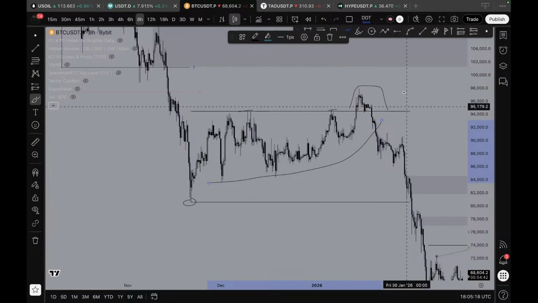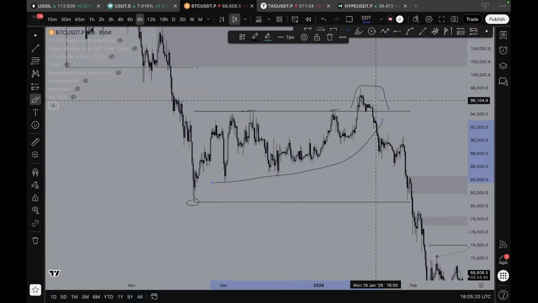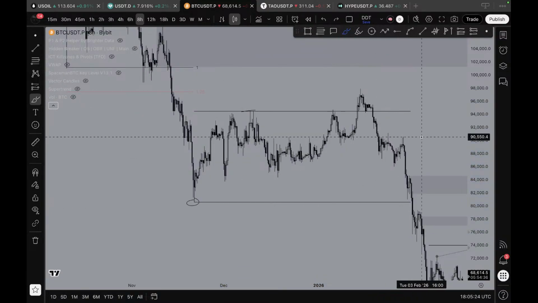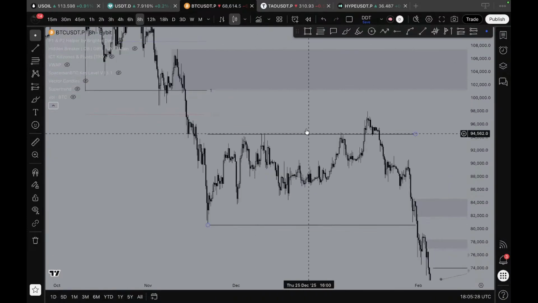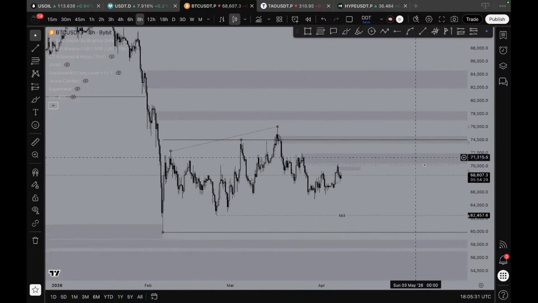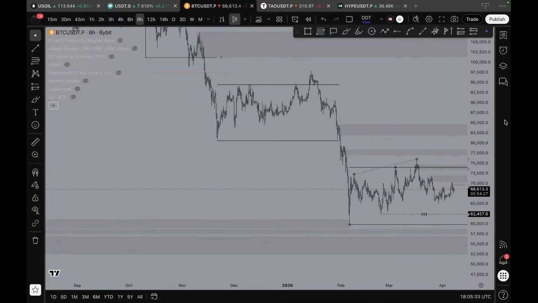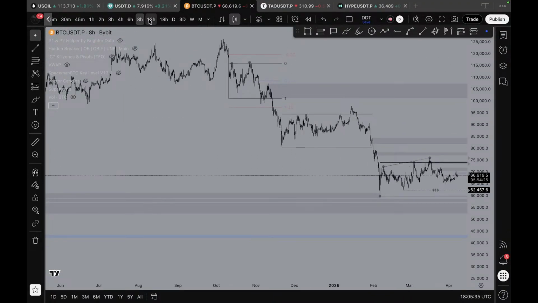And this is where the big players can find enough liquidity to enter massive shorts and then profit off these moves down. So redistribution range 1, redistribution range 2.